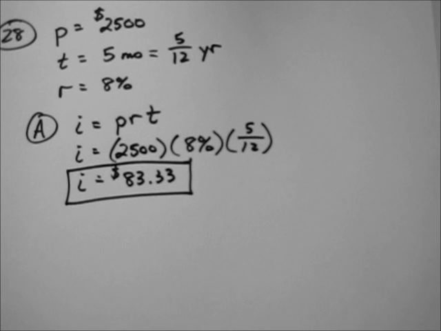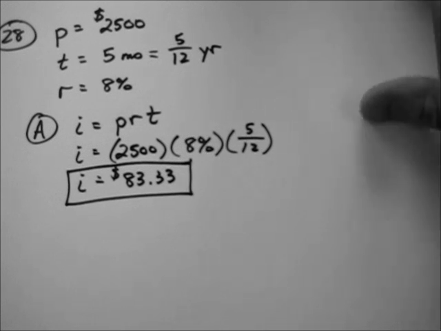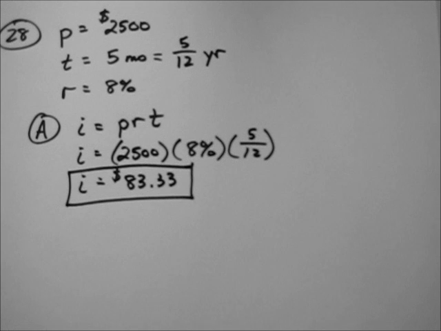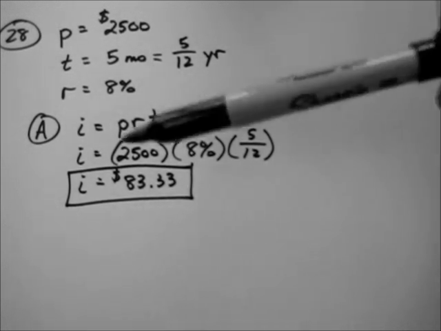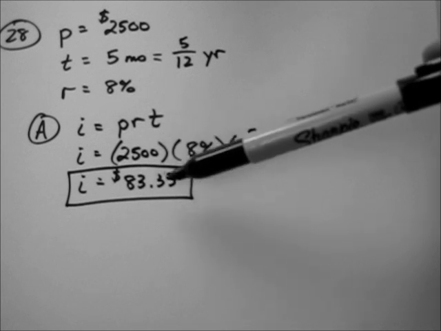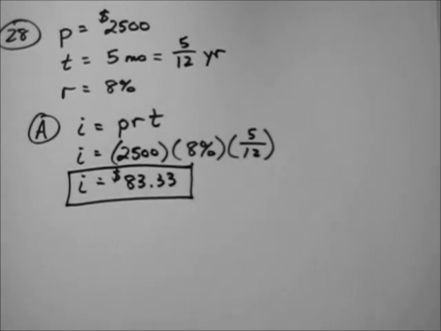Part B says how much did he receive from the bank, and this is where the fact that the problem is dealing with discount loans comes into play. With a discount loan, you pay the interest up front. So if he's going to owe $83.33 in interest, he will take the $2,500 he wants to borrow and immediately pay the $83.33 out of that.